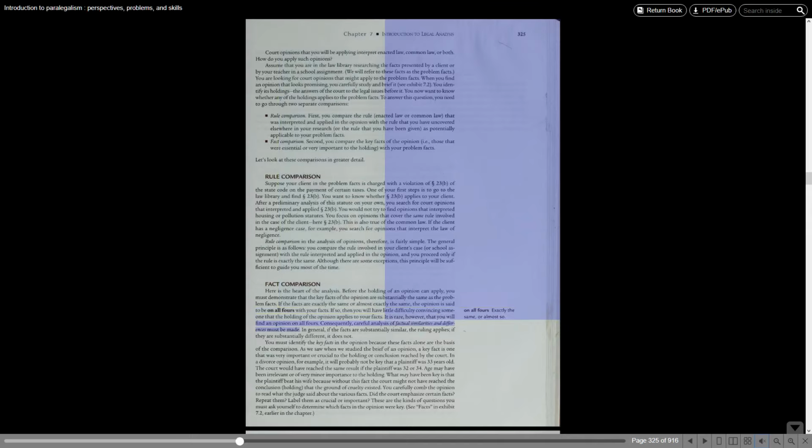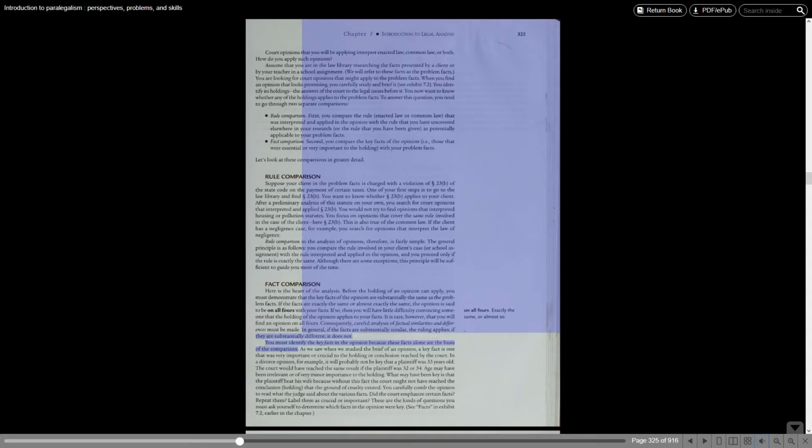It is rare, however, that you will find an opinion on all fours. Consequently, careful analysis of factual similarities and differences must be made. In general, if the facts are substantially similar, the ruling applies. If they are substantially different, it does not.